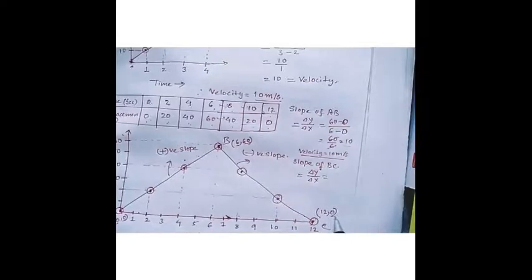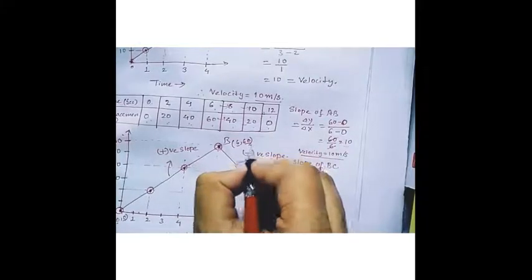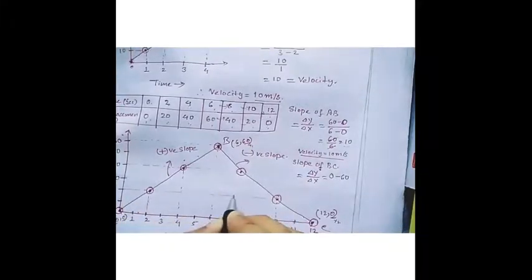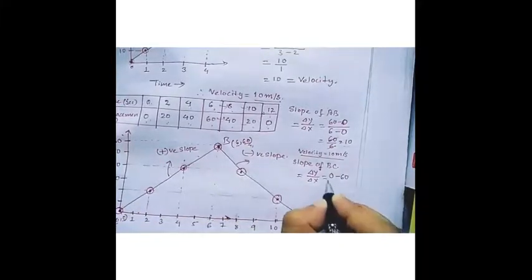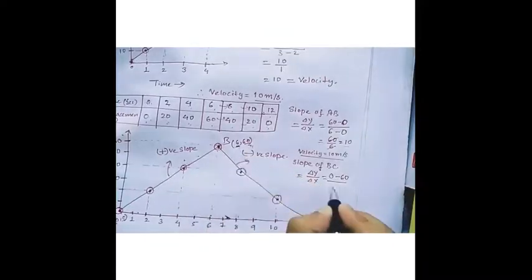So the change of the displacement, or change of y-axis, is final minus initial. The final is 0 and initial is 60, and the del x, that is the difference of time, is 12 minus 6, because 12 is the final time and 6 is the initial time.